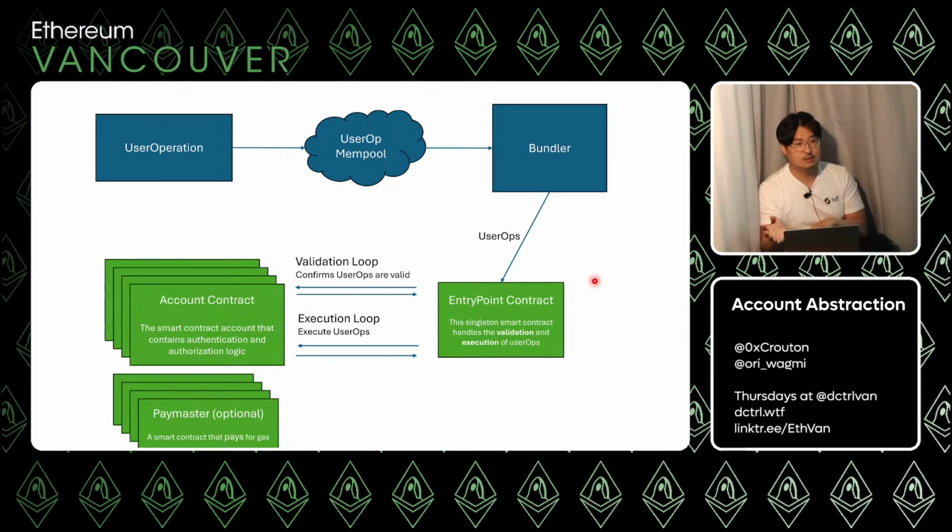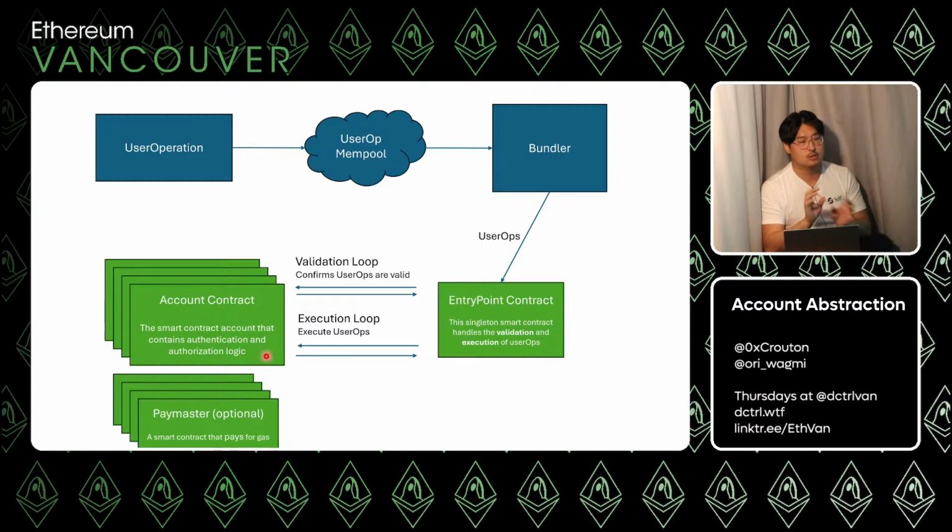Now it's validated all of them, so this validation will check the signature, whether it's an ECDSA signature or a username password signature or a phone signature, whatever the smart account is set up to verify, to authenticate, and then it can check authorization roles. Hey, do you have the right permissions to do it? And then once all of the validation has happened, it'll actually execute it in this execution loop.